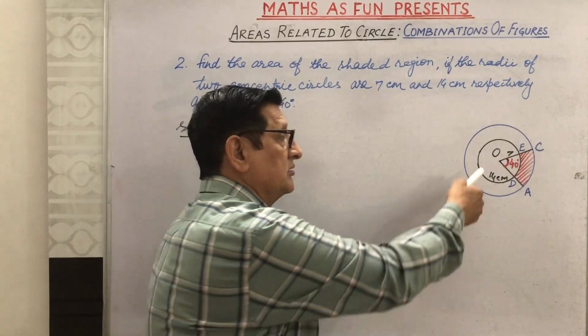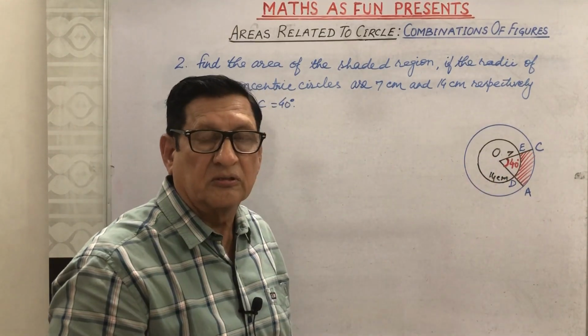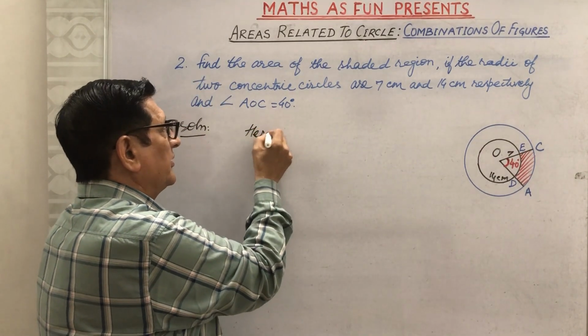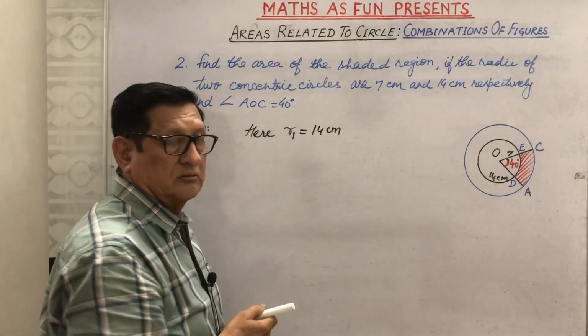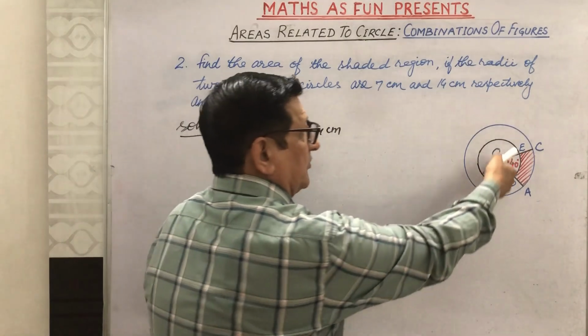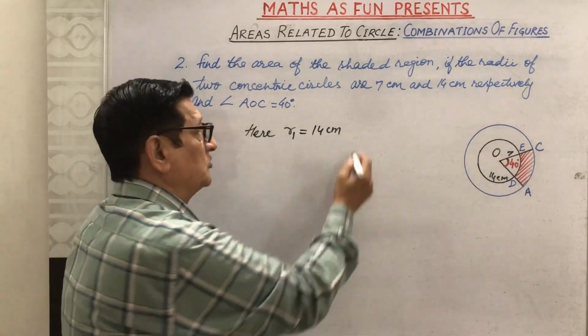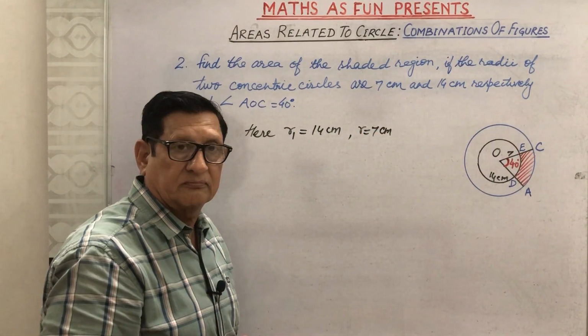We can write the radius of the large circle to be 14 and we write it as R1. Here R1 is equal to 14 centimeter. The radius of the smaller circle we take as 7 and that we can consider as R2. R2 is equal to 7 centimeter.